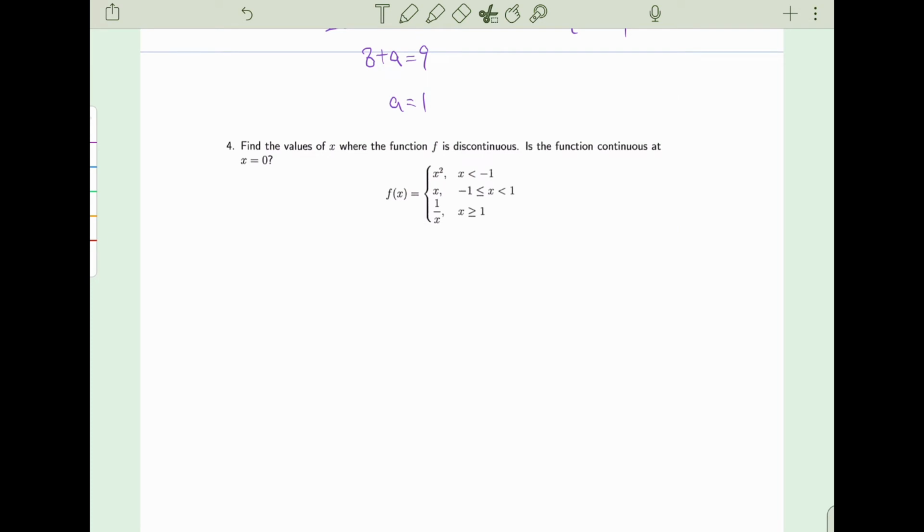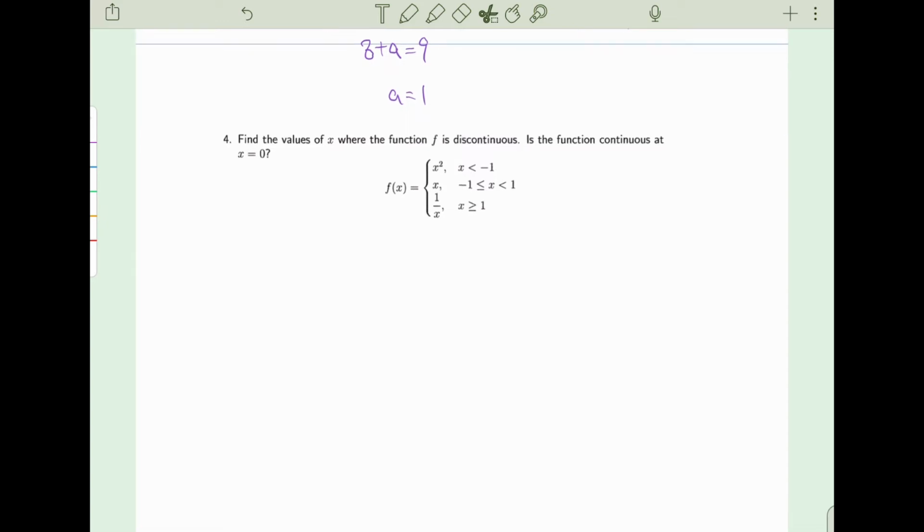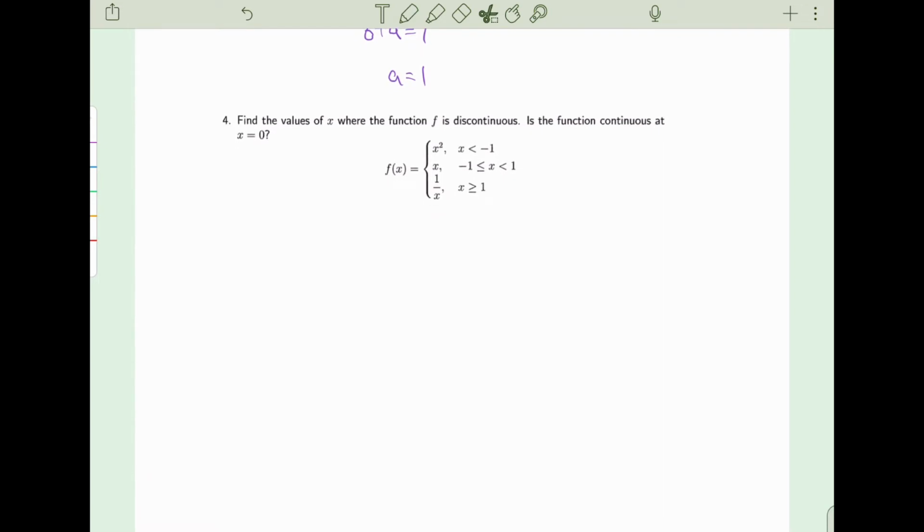Is the function continuous at x equal to 0? So there are two questions here. Find the values of x where the function is discontinuous. Okay, so there's no parameter here. So how can we find those places where the function is discontinuous?